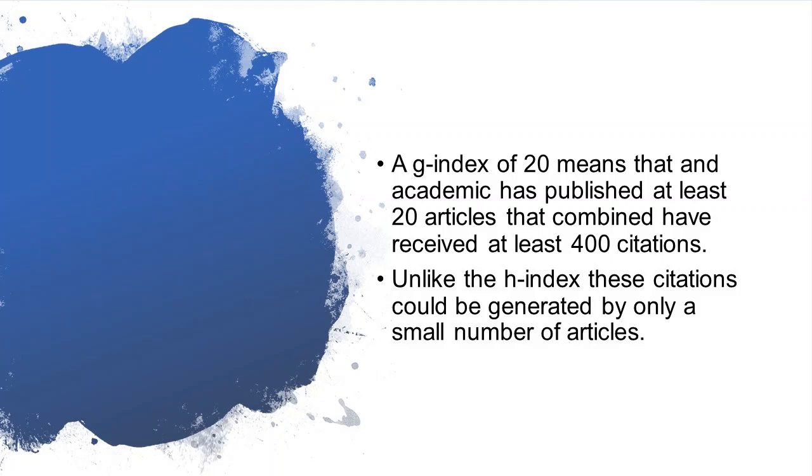So a G index of 20 means that an academic has published at least 20 articles that combined have received at least 400 citations, because 20 into 20, 400. Unlike the H index, these citations could be generated by only a small number of articles. So this is the benefit of G index.